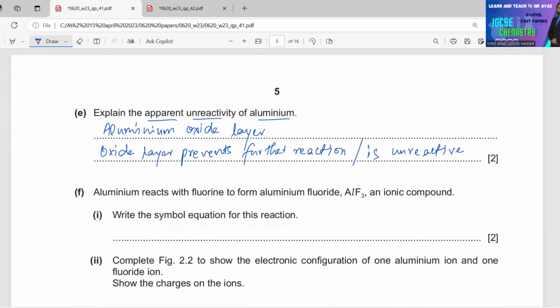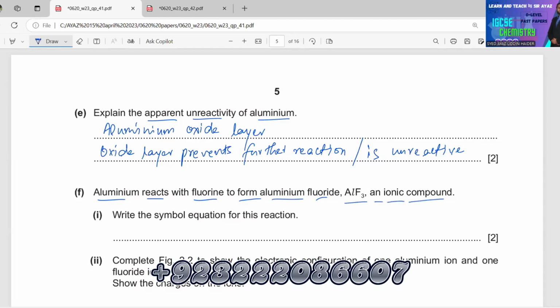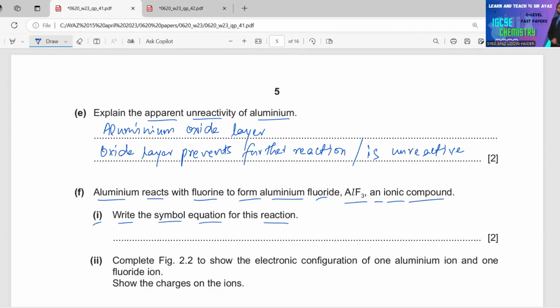Part F, aluminium reacts with fluorine to form aluminium fluoride, AlF3, an ionic compound. 1. Write the symbol equation for this reaction. So symbol for aluminium is Al. Symbol for fluorine.